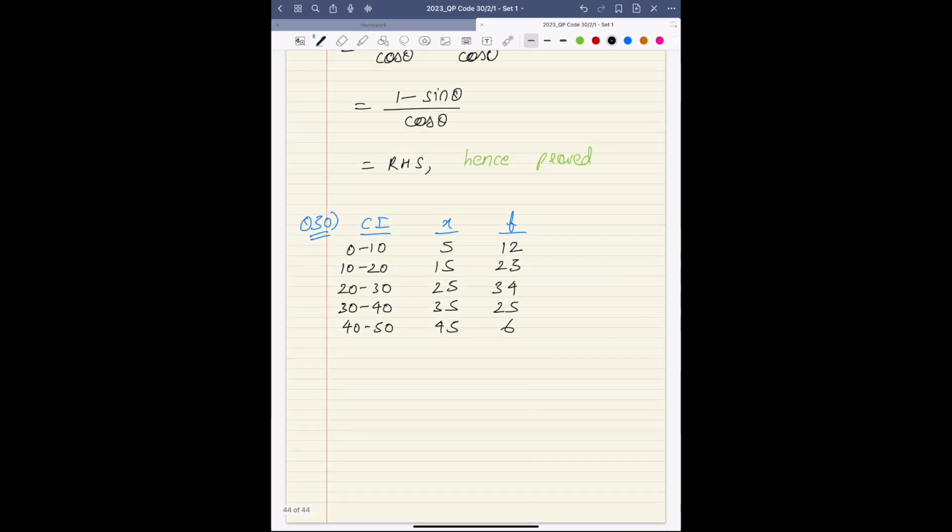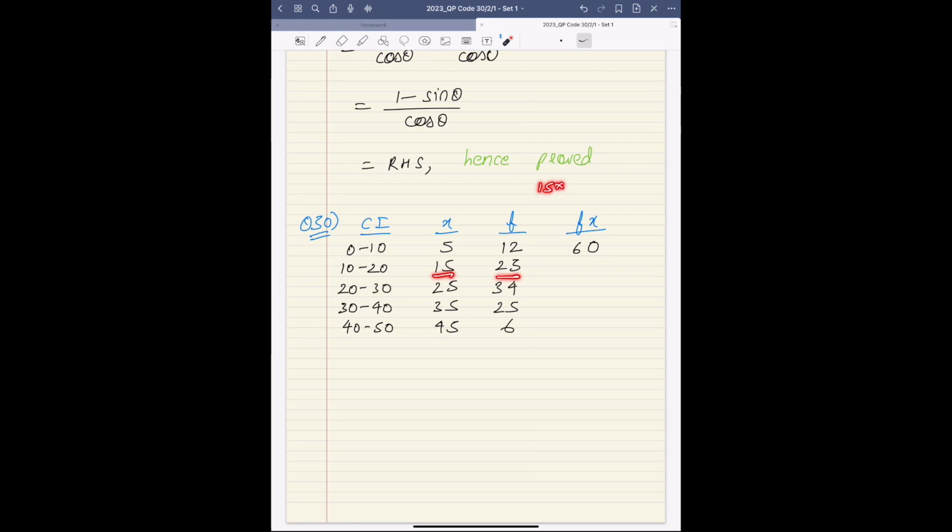Everyone knows, I hope you guys know the formula for finding the mean. You will have to find fx, right? So simple, 5 into 12 becomes 60, right? You find it. 15 into 23, okay? So you can do multiplication, 15 into 20, I'll break it.